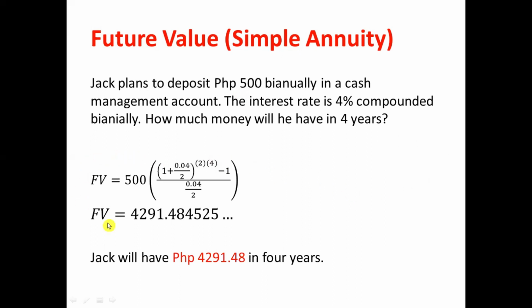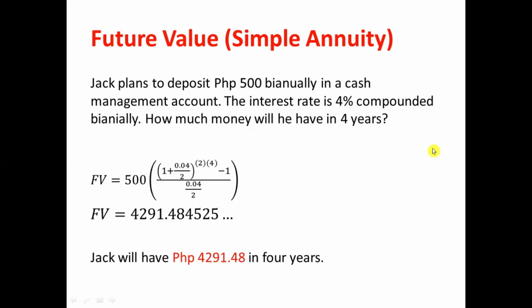Now just input those values in your formula and you will get 4,291.484525. Jack will have 4,291 pesos and 48 centavos in 4 years. So this is for simple annuity, biannual payment, and biannual interest application.